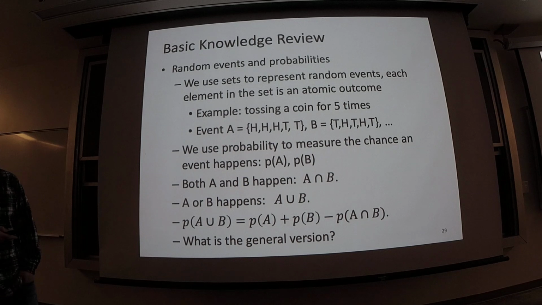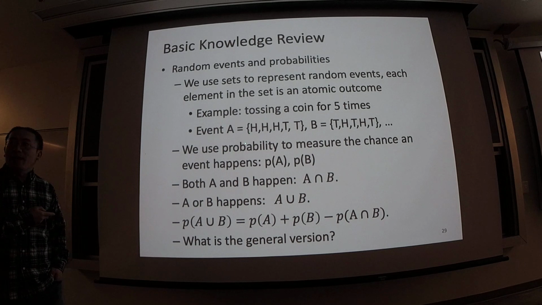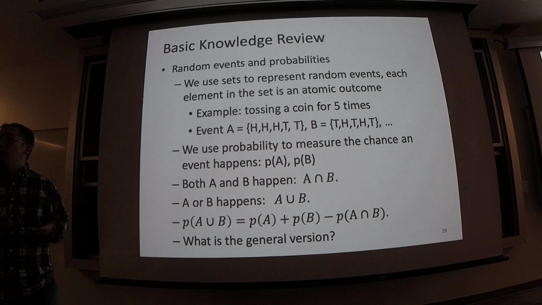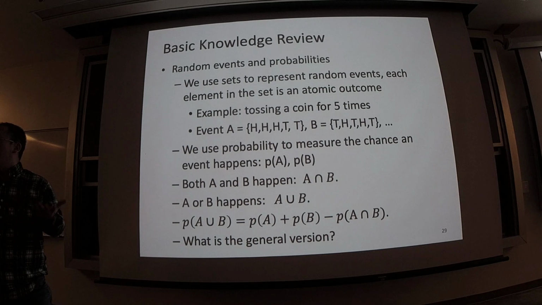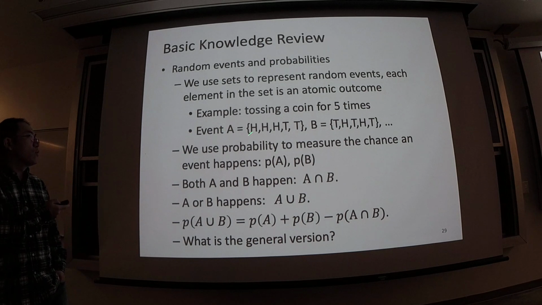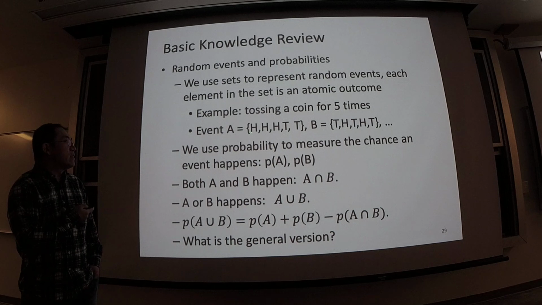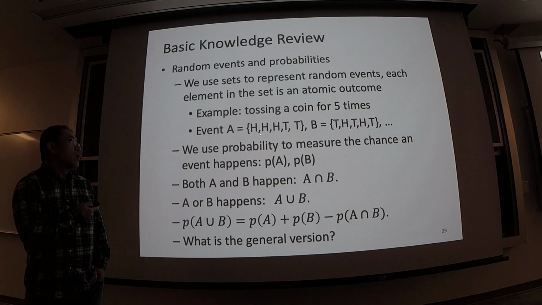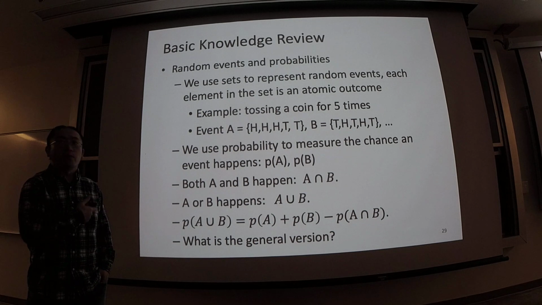Each element is either head or tail, the outcome of 1 toss. So this is atomic. So obviously, event A indicates that the first 3 are heads and the remaining 2 are tails.